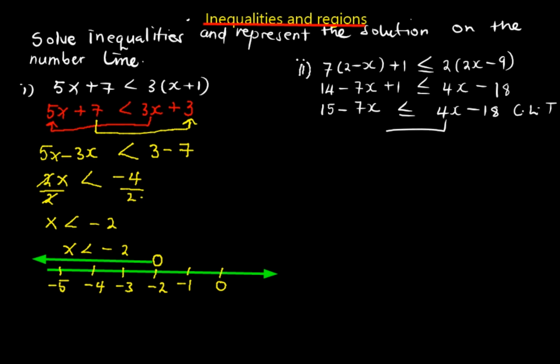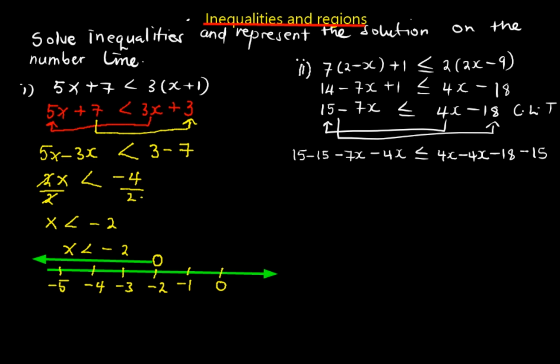We are going to collect like terms. So unknowns are going to go towards the left, and the constants are going to move towards the right. So we shall have 15 minus 15, minus 7x minus 4x is less than or equal to 4x minus 4x minus 18 minus 15.